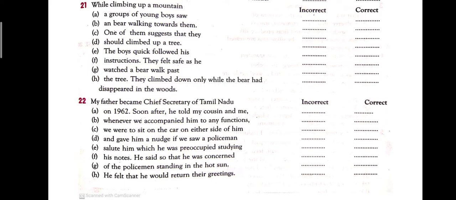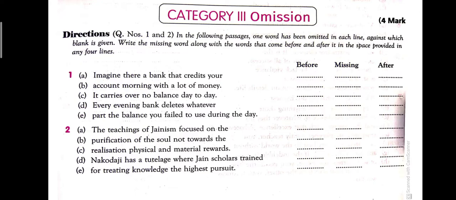Okay, so this is all about editing and omission. So in this passage they have omitted some words, so you have to find them. For this you have to read the passage again and again. Imagine there a bank that credits you your account morning with a lot of money.